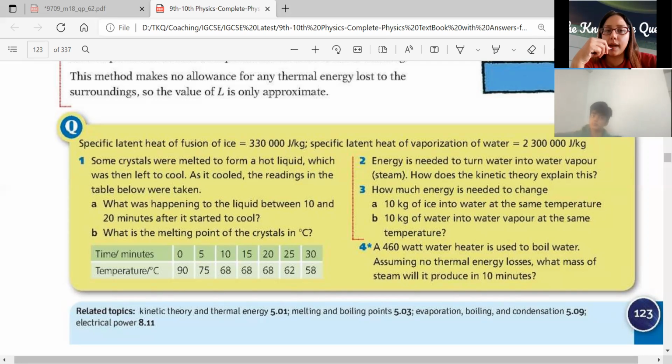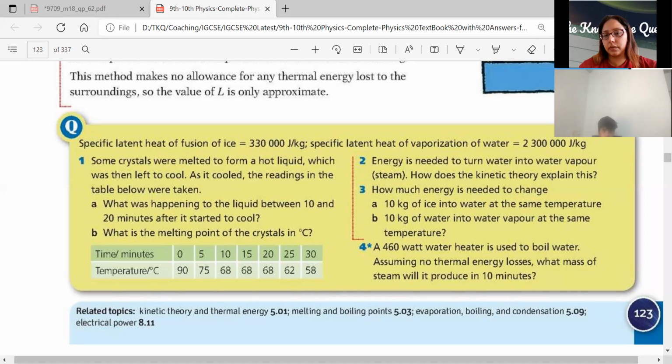What should it be? What we had was what? Seconds. It should always be in seconds. So you need to convert. Should be 600 seconds. So it's 460 multiplied by 600, that is your energy.